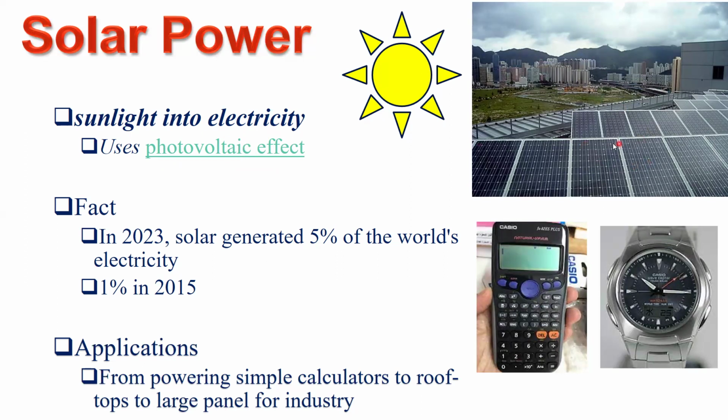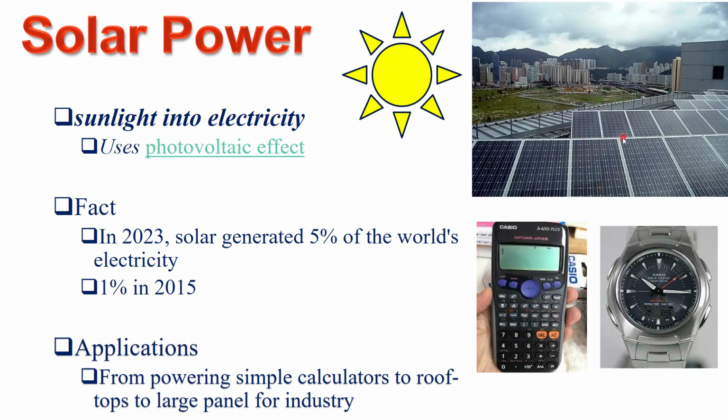As you can see, on the rooftop of a residential area, you will often find rooftop panels, which are called solar panels. Solar is also used to power simple handheld gadgets such as your calculator or your wristwatch. The power to run these gadgets comes from the solar cell inside them.